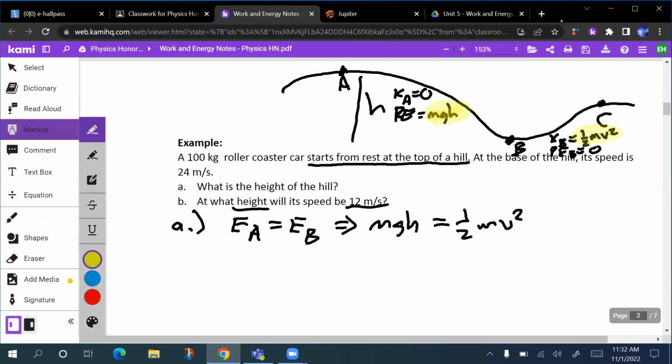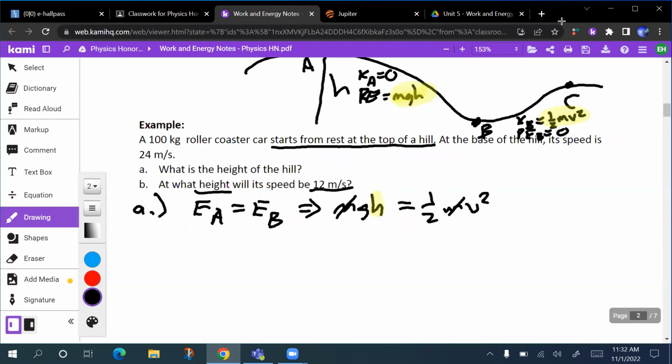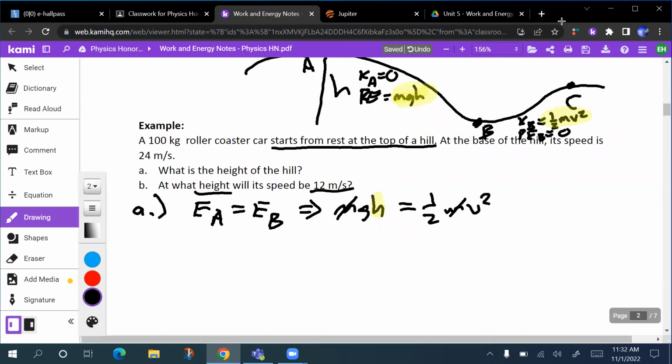Now, you're solving this for h. You'll notice, even though the question gave you the mass, it really doesn't matter because mass is going to divide out of this particular equation. So it doesn't matter if it was a 100-kilogram roller coaster or 500 kilograms, the mass is irrelevant. Now let's divide away g, and then plug in. So h is equal to v squared over 2g.